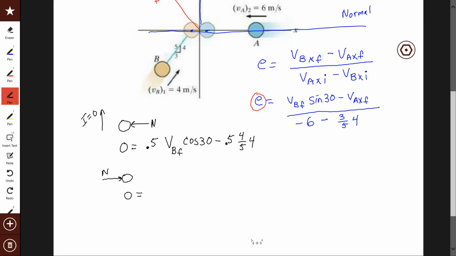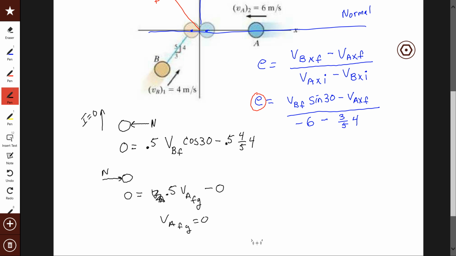So that at the end, we'll say, okay, the velocity of A, momentum, mass, 0.5, the velocity of A final in the y direction, that's the final momentum in the y, minus the initial momentum in the y, it has none.